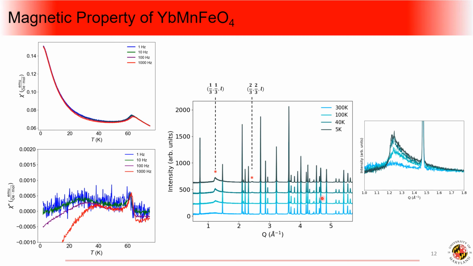However, if you look at the neutron diffractions, we find that well beyond this transition temperature, there's already a short-range magnetic ordering appearing. Looking at the detail of the magnetic peaks, we find there's a Warren line shape here. So very clearly, this ordering is a short-range two-dimensional magnetic ordering.